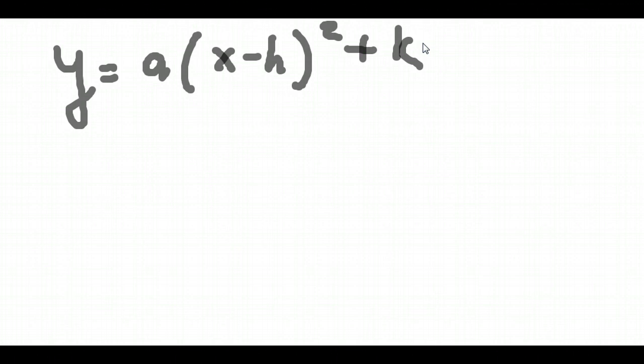So h and k. This is the first part. It says vertex and axis of symmetry. So what you have is a graph, and you just have an upward opening graph. And the vertex is a point, and this one's below the x-axis.